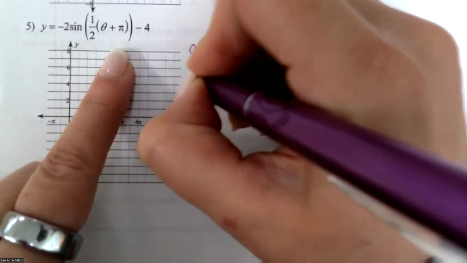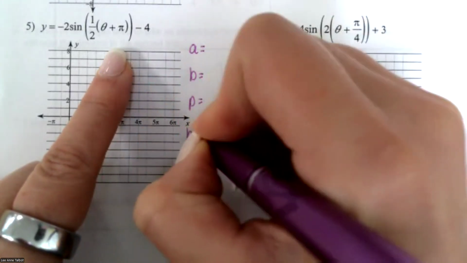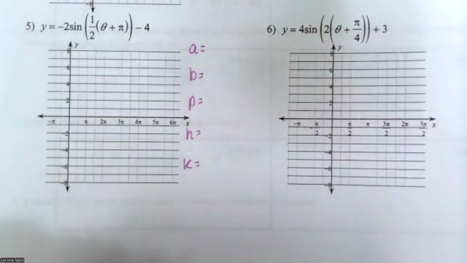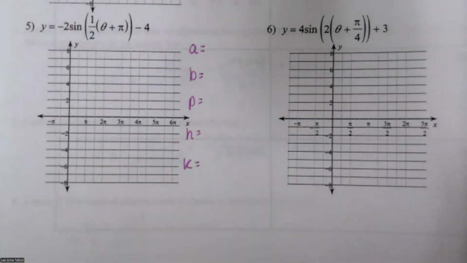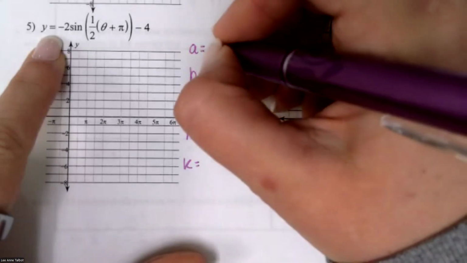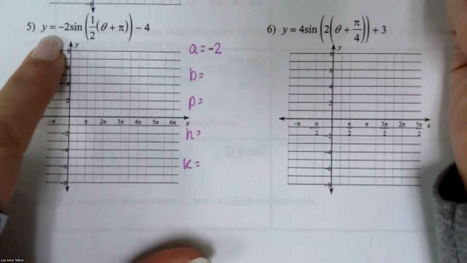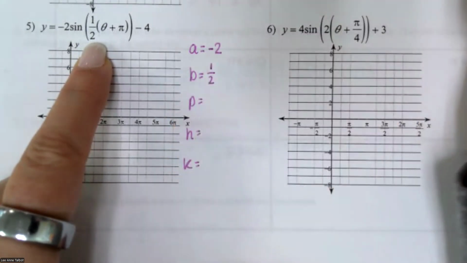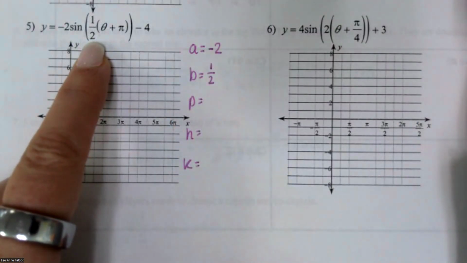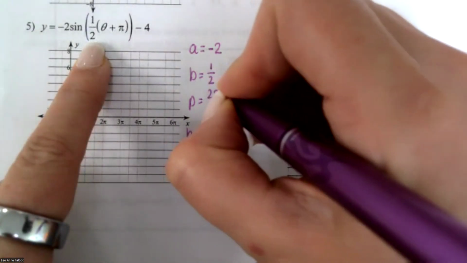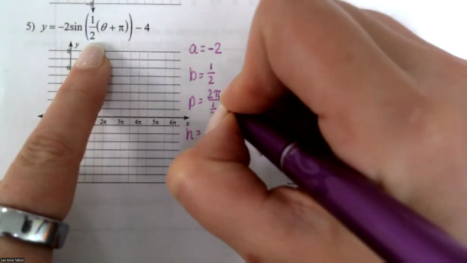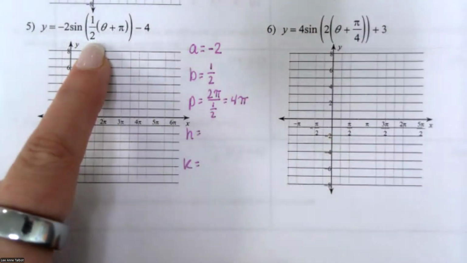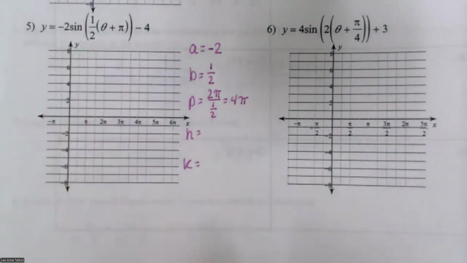A. Okay. -2. 1/2. 2 pi over 1/2 is 4 pi.